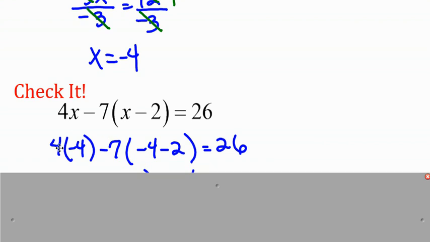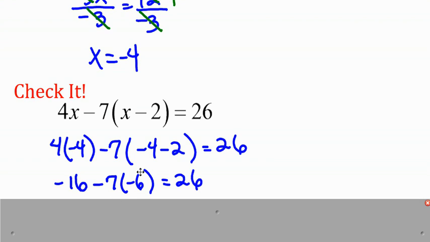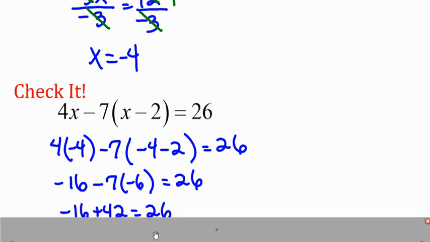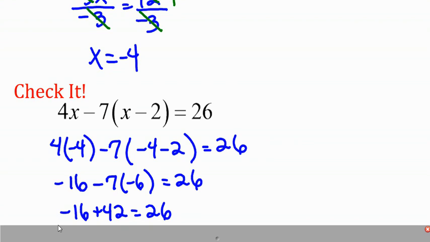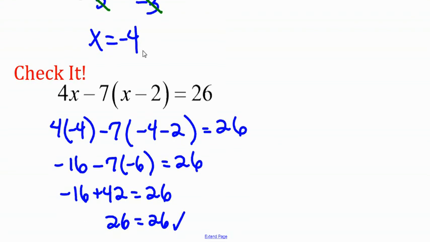And we also know that 4 times -4 is -16. So we can multiply these together here. -7 times -6 would be a +42. A -16, a +42. That does give us our 26, and therefore we have the correct value for x for our equation. X equals -4.